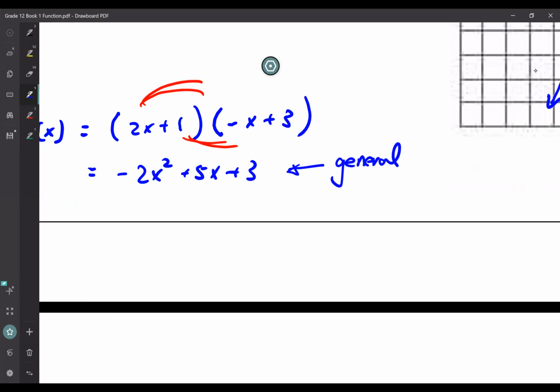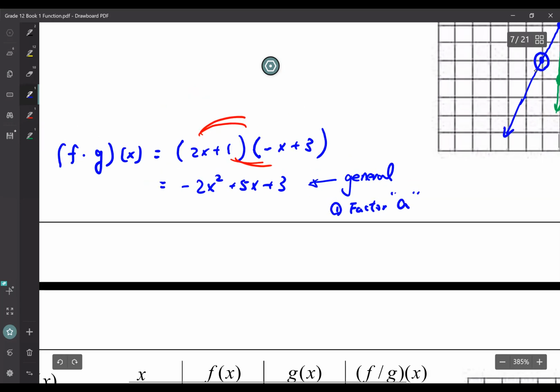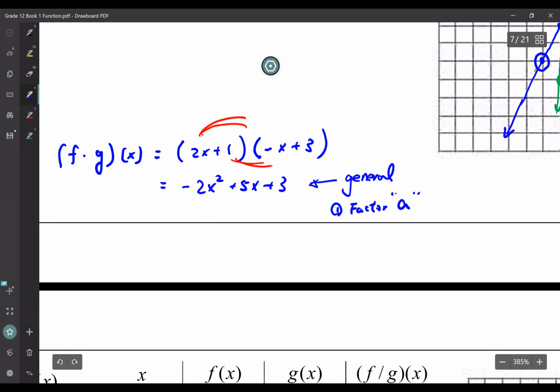Okay, so to change to standard form, we need to do 3 steps. First one, you can write it down: factor A. The A value is the -2. We pretend we don't see the 3 right now. We just take out -2. A is -2, B is 5, and C is 3.